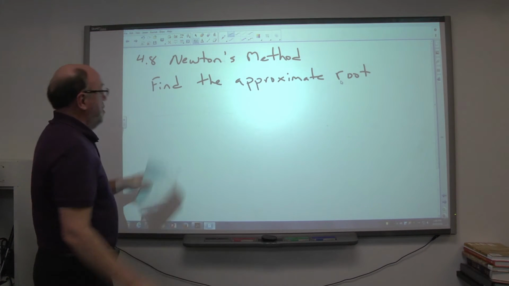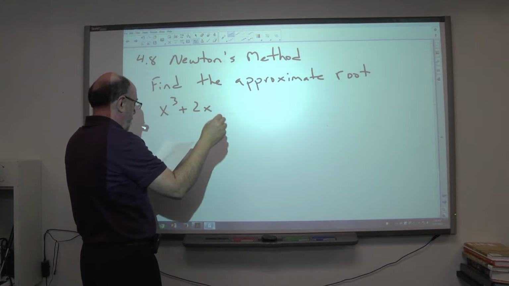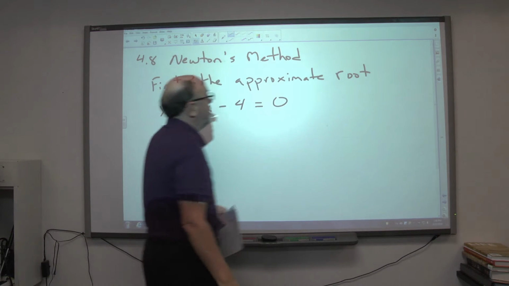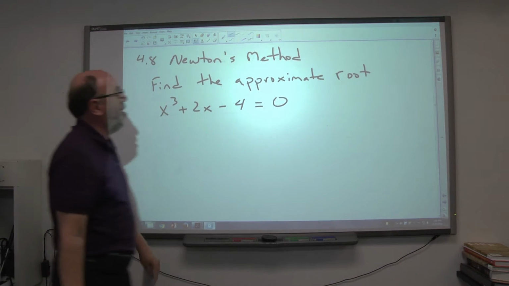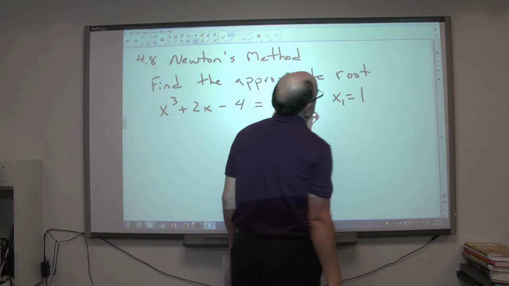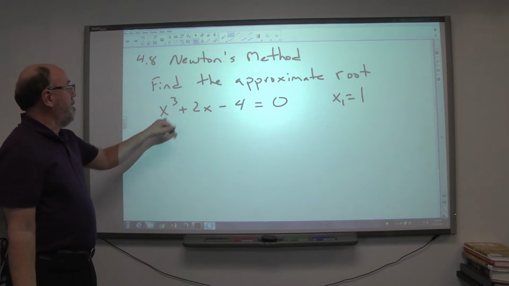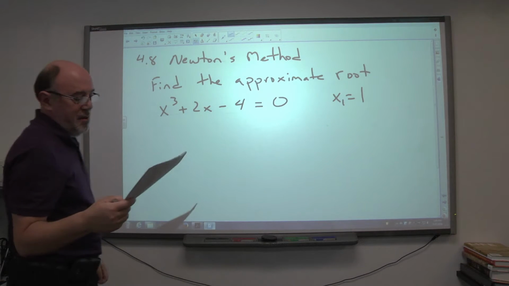Okay. So for example, we have this equation, x cubed plus 2x minus 4 equals 0. And we want to solve this for x. Our first guess at the answer is 1. Right? Now if I plug in 1, this will be 1 plus 2 is 3. 3 minus 4, well, it's not 0. Right?